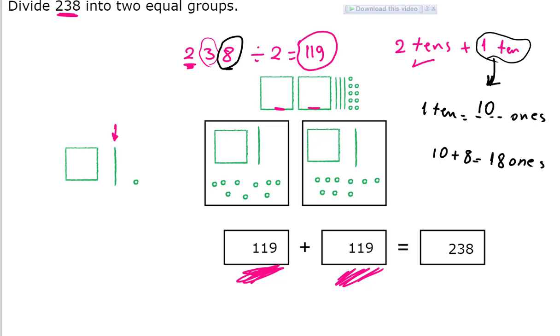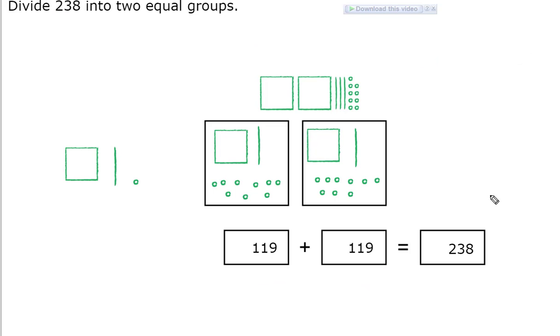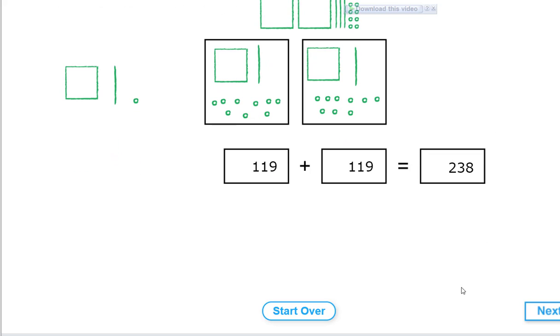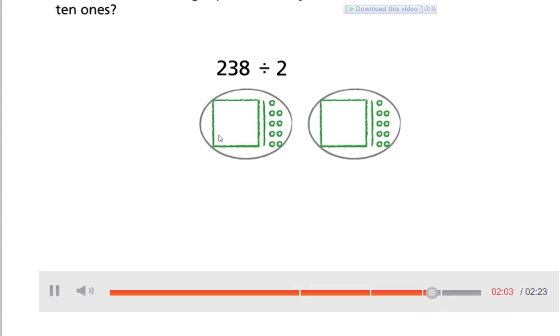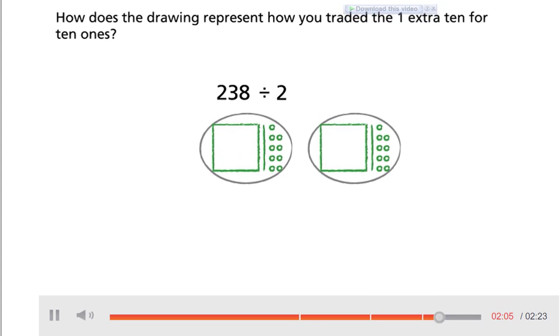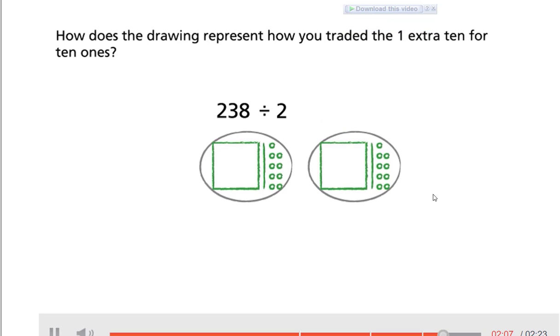Okay. I will erase this, my heroes, and we'll continue the video. How does the drawing represent how you traded the 1 extra 10 for 10 ones? And we did this.